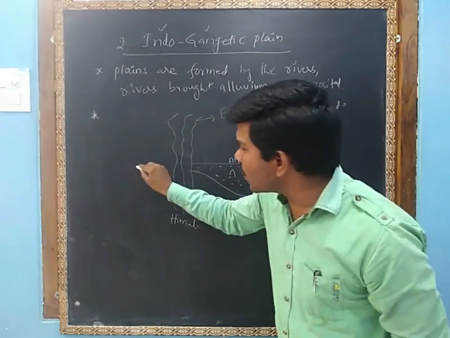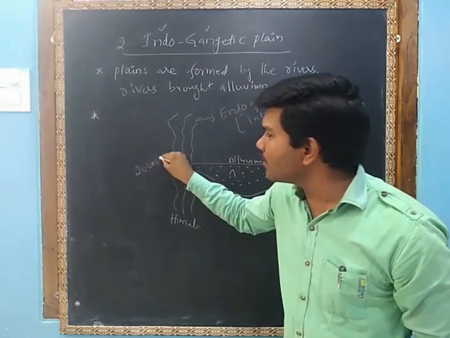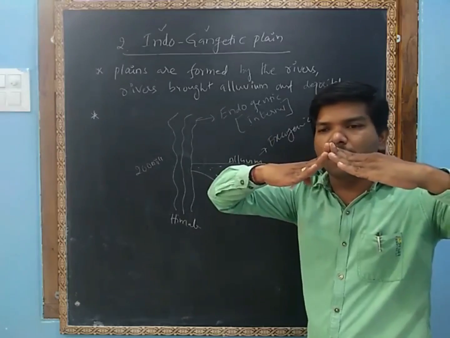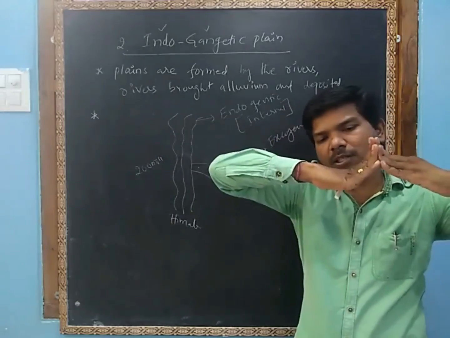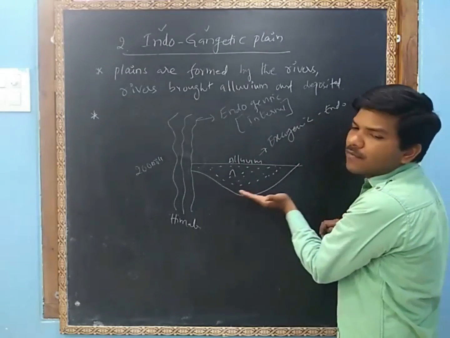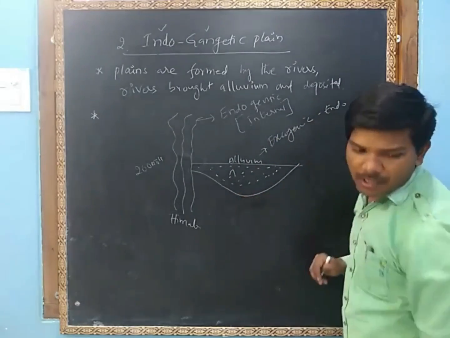We know that 200 million years ago, whenever the Himalayas were formed, there was a low basin. This low basin was filled with the sediments brought by the rivers.